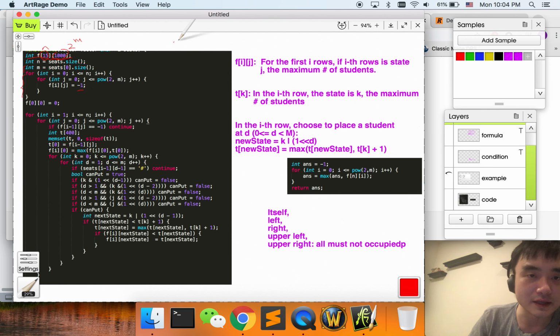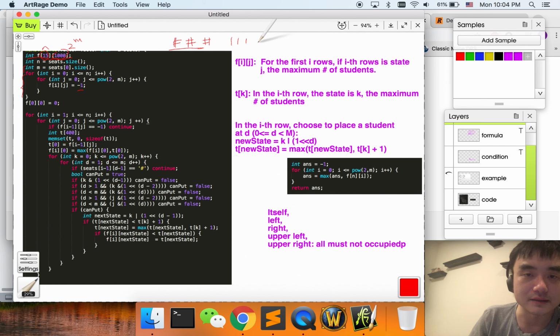For example, if for the first row each of the seats is bad, you cannot get 1, 1, 1 in binary form for the first row, because all the seats are bad.